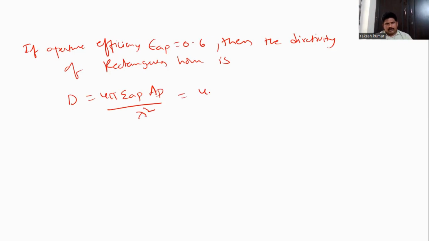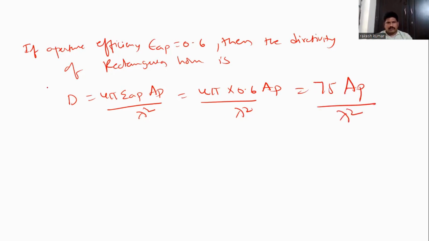So it is 4 pi into 0.6 AP by lambda square, that is 7.5 into physical area by lambda square.